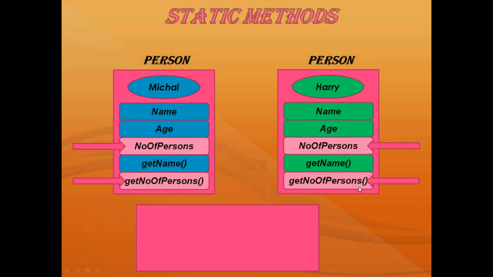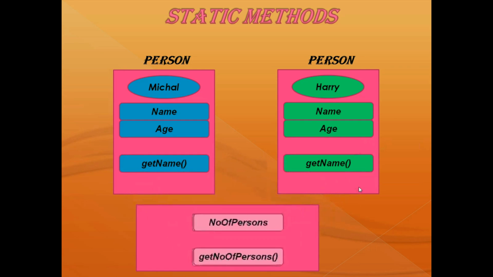So for this variable and this method, instead of every object working with a separate copy, we can keep this variable and this method common across all the objects. This is what is called a static variable and static method. These two things are common, that's why we are making this variable and method static.